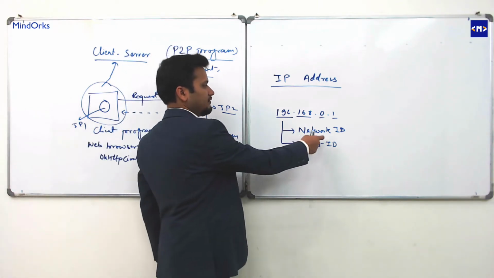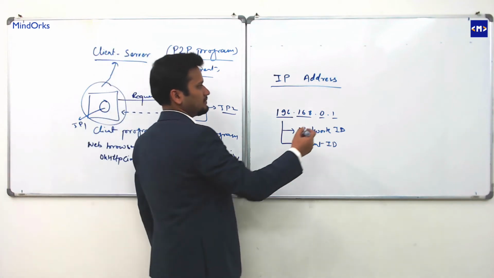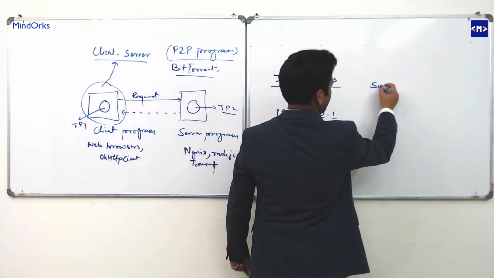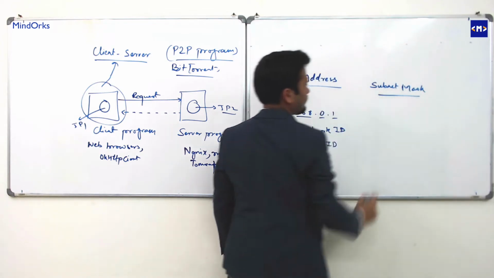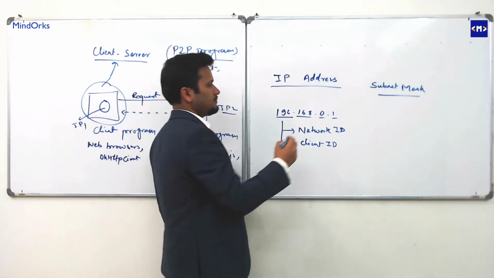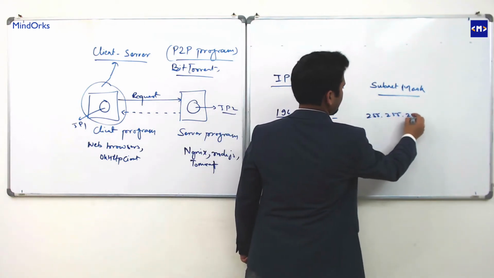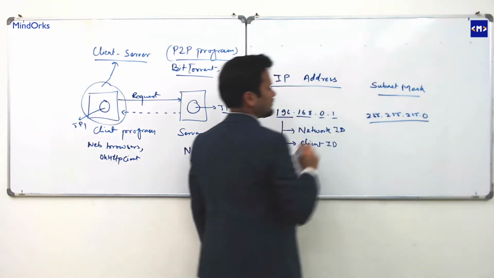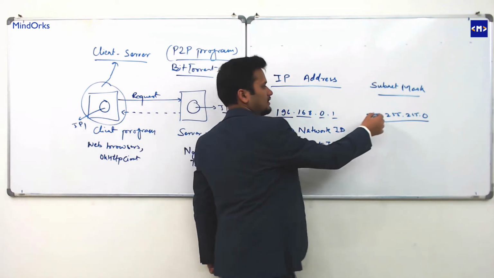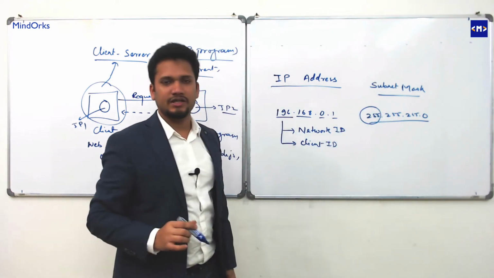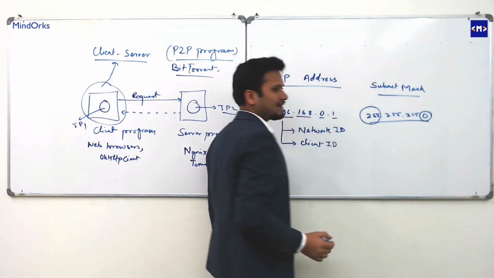In order to identify which part of this is the network, there is something called a subnet mask. This subnet mask will be something like this. What does it mean? It means that the 255 number indicates your network ID and the 0 number indicates your client ID.